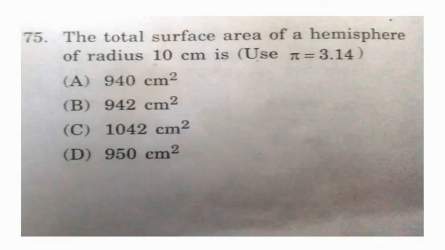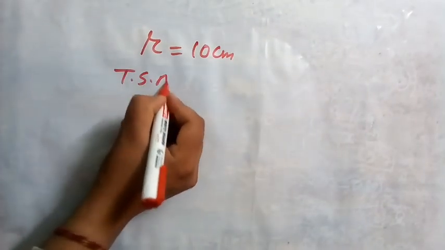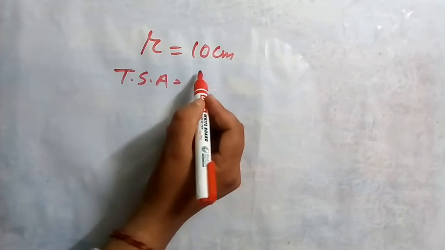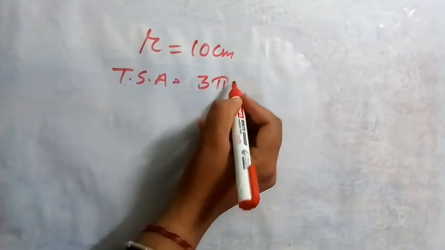Find the total surface area of hemisphere of radius 10 centimeter, use pi equals to 3.14. So we know the formula, radius is given equals to 10 centimeter and total surface area is 3 pi r square.